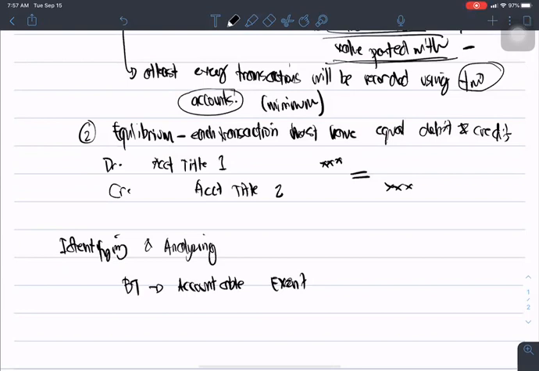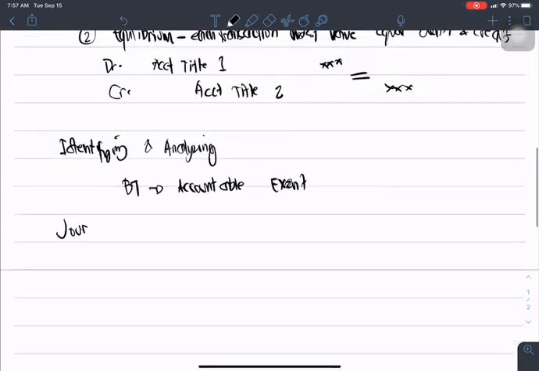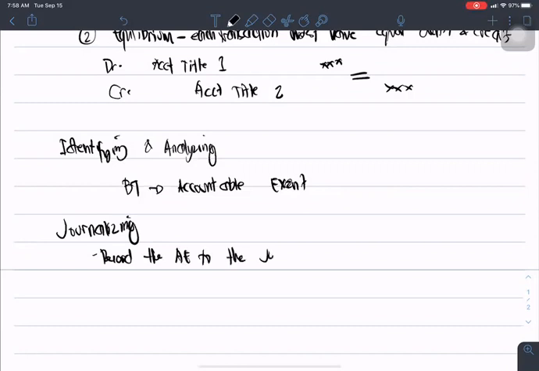So once we know that our business transaction is an accountable event, we go now to the second step, that is the journalizing. So under your journalizing, we will record the accountable events to the journal.